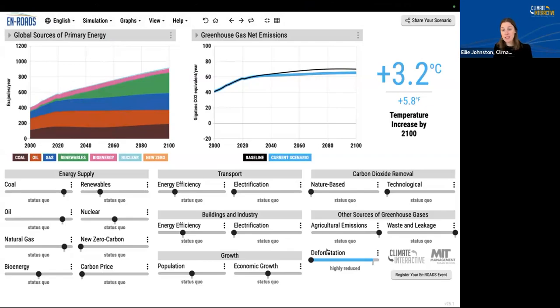We cut down trees. A lot of times those trees that are cut down are burned, or at some point they decompose, and that carbon dioxide from that decomposition or the combustion of them ends up in the atmosphere. So if we stop deforestation, that helps to bring those emissions down, bringing down global temperature a little bit. So that's how the tool works.